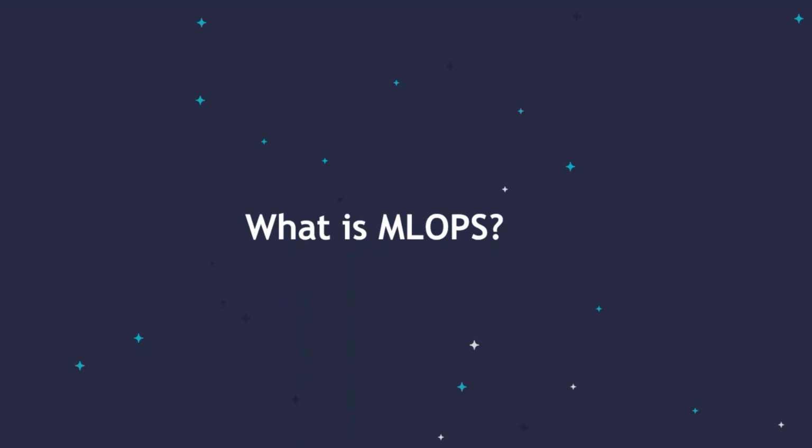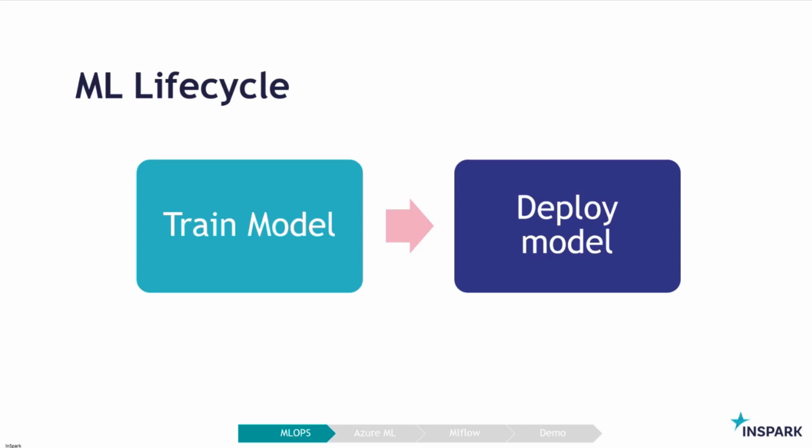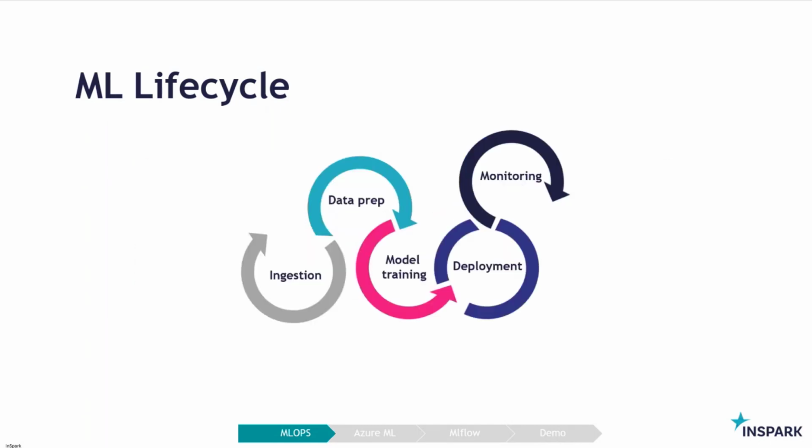So now I want to talk about MLOps a bit. A simple way of describing the machine learning lifecycle looks like this. You just train your model and you deploy it, right? Couldn't be simpler. Well, it actually looks a little bit more like this. It's repeated development cycles that feed into each other. You have to ingest your data. You have to prep your data for training.